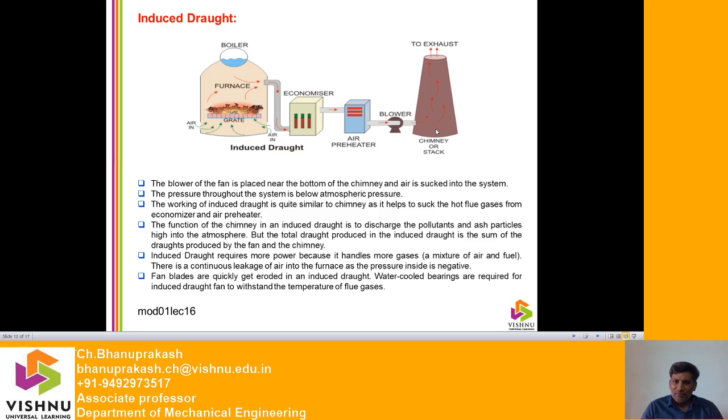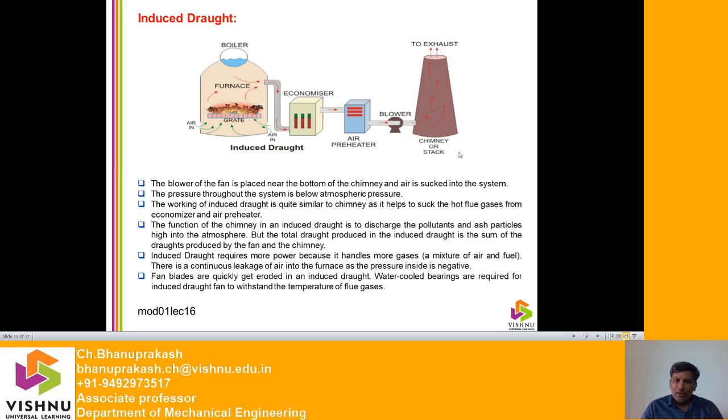What is the working of the chimney? It helps to suck the hot flue gases from the economizer and air preheater. The function of the chimney in induced draught is to discharge the pollutants and ash particles somewhat higher into the atmosphere or to the exhaust.